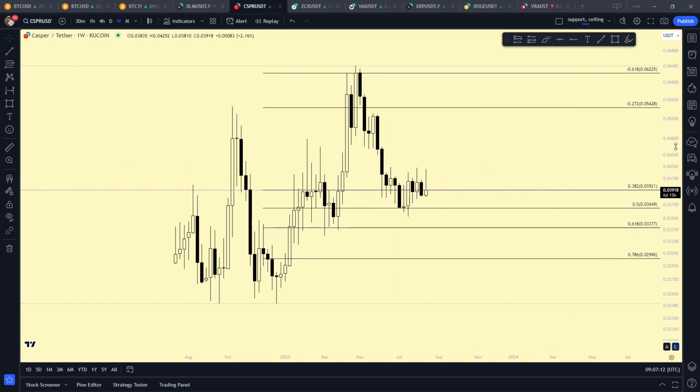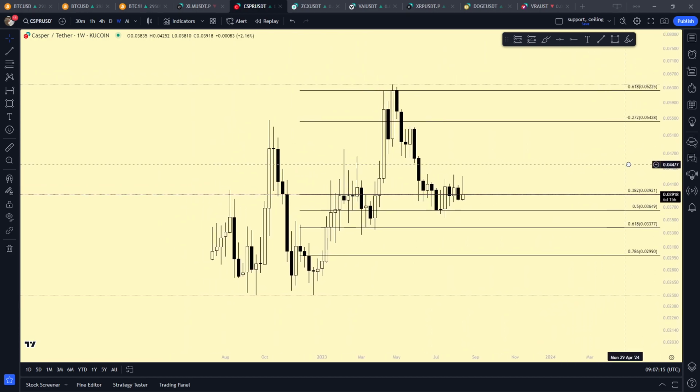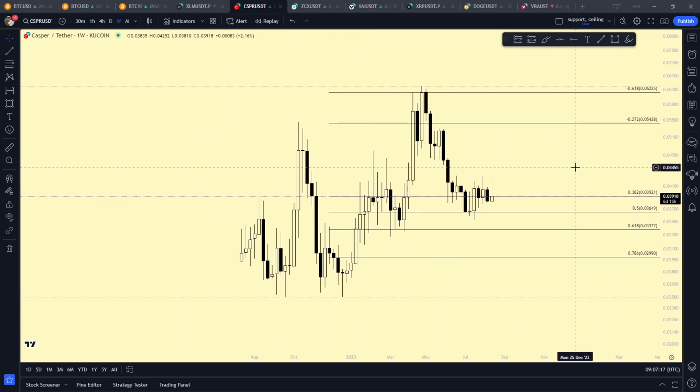So what can we see here? The market is quite manipulated at this moment. You see it clearly here, right? Oh my God, look at these beautiful fib levels.